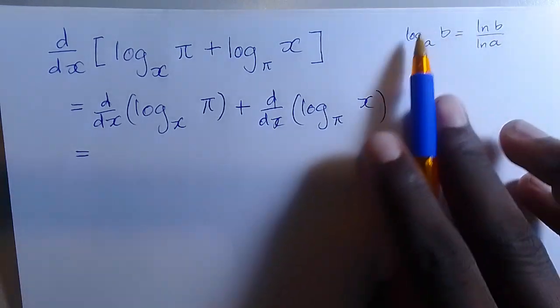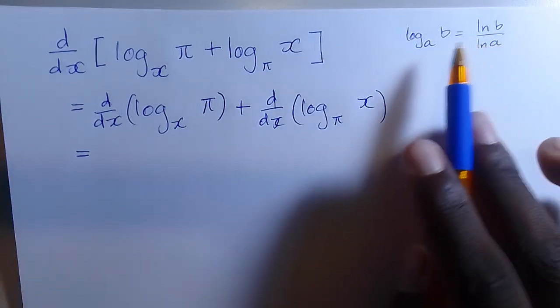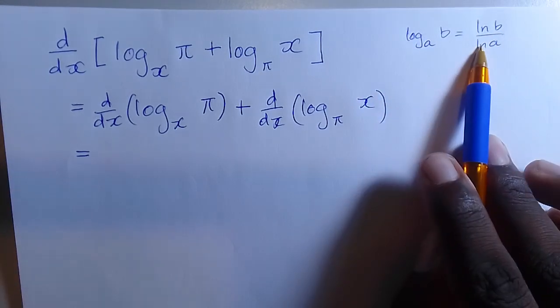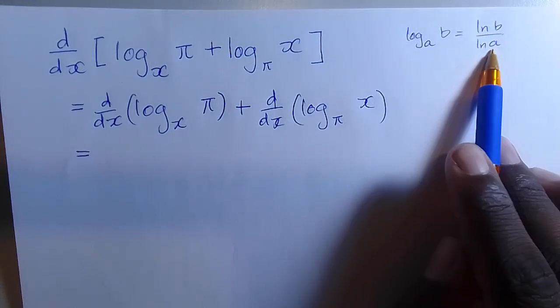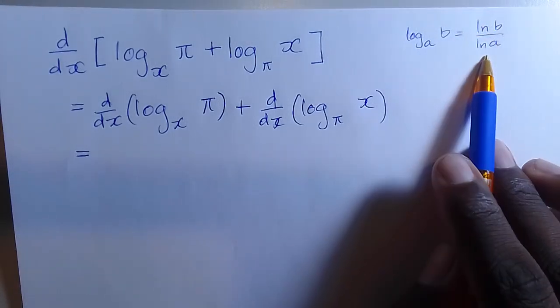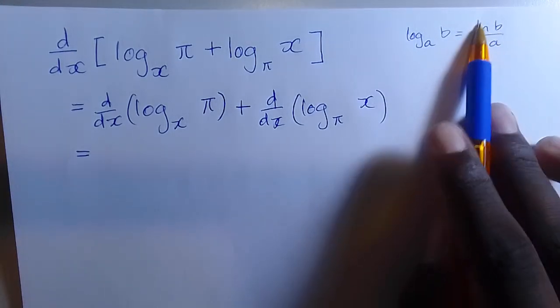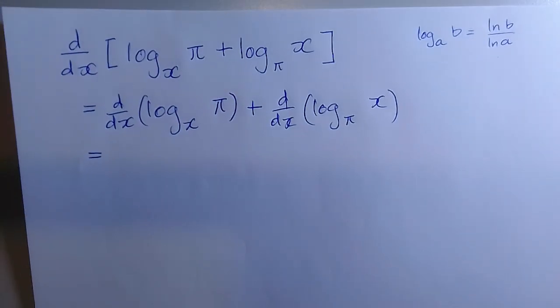The law doesn't say this exactly, but it satisfies this. It says for any base, so I'm going to use e as my base, so I'm just going to use ln.